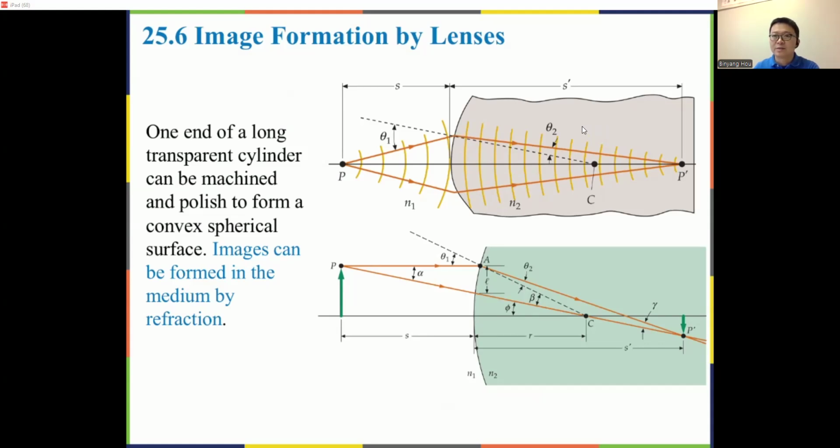But if that's the case, you can extend the refracted rays backward, and they appear to be coming from a point. Okay, so the image in this case would be virtual. So you can see if you have an object in front of a surface, a transparent material, then you can form either a virtual or a real image.